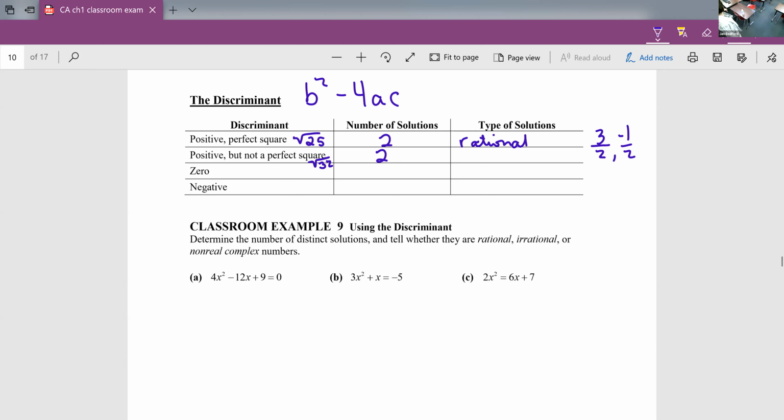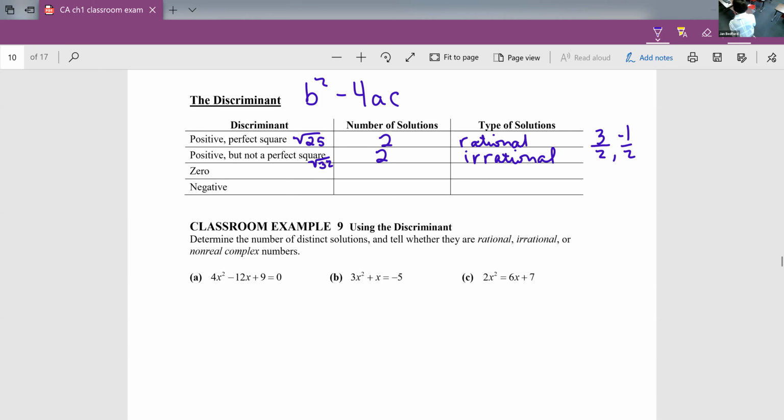But now, will my square root still be in my answer? Yes. Because if that's not a perfect square, I may get some stuff to come out from under the radical, but it won't all. There's still going to be a radical. And if there's still a radical there, what kind of solution would it be? It's not rational because there's a radical, so it's going to be irrational. Excellent. I'm checking to see if you remember some of those words.